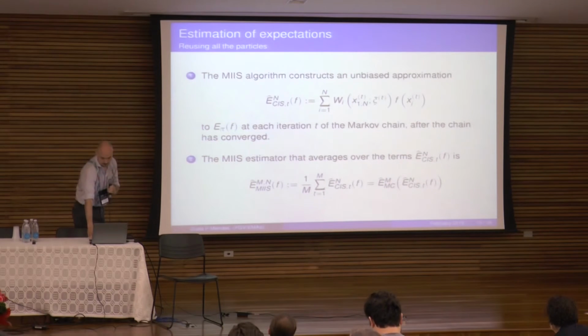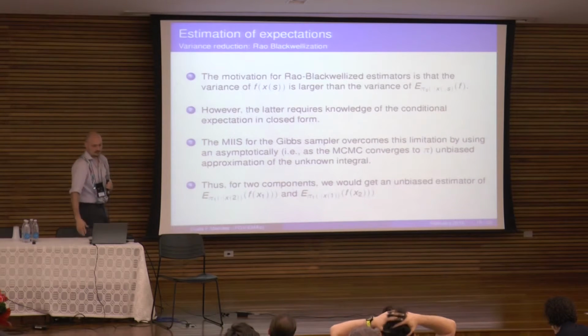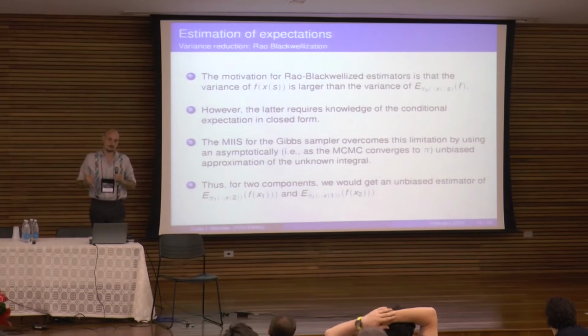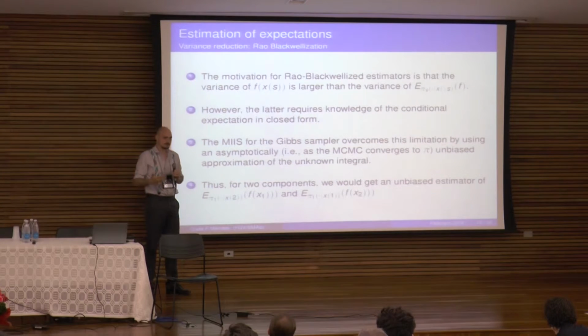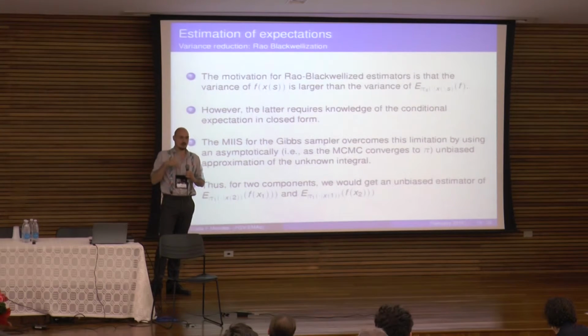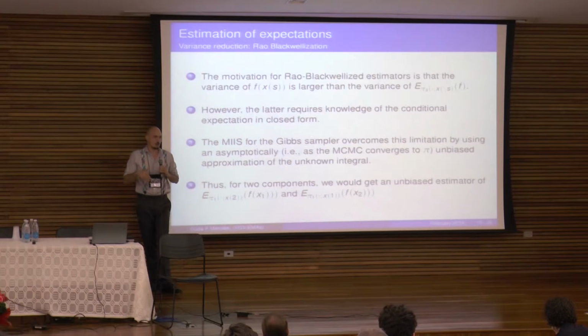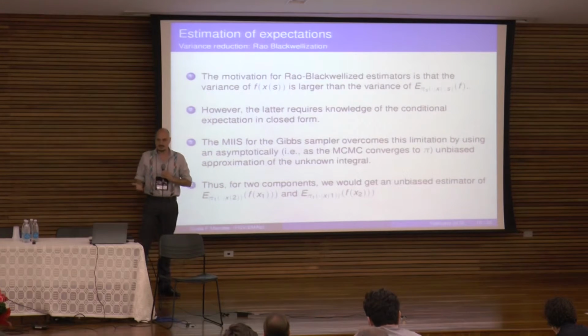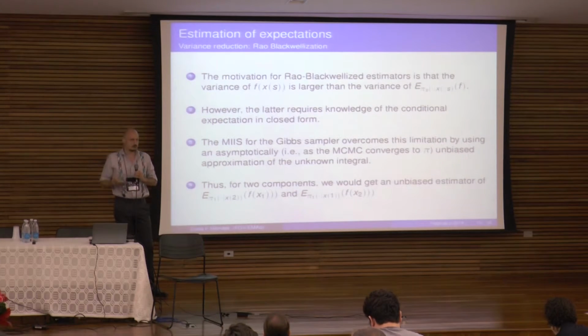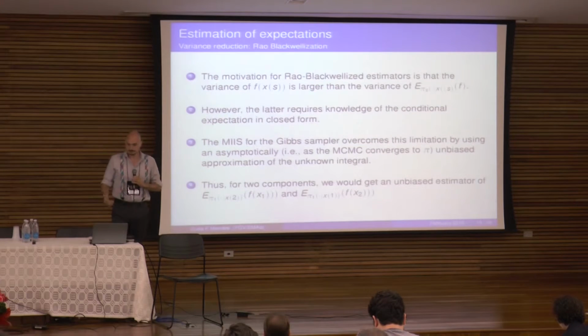And maybe the two most interesting applications are, first, Rao-Blackwellization, in which we don't really need to know the conditional distribution, as we already have an approximation to it. So we have an approximate Rao-Blackwellized estimator. And that's actually quite neat, because in many settings, you cannot really do it.